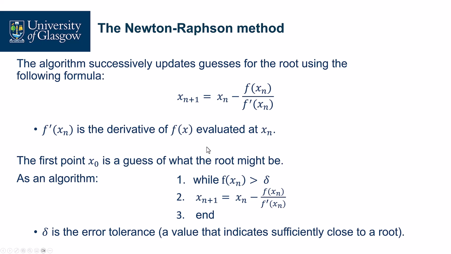This is our initial guess, right? Then we go to what? While f(xn) is larger than delta. This delta is an error tolerance. Maybe eventually the f(x) really cannot exactly equal 0. But if it's small enough, we also accept it to avoid a dead loop, right? And in the loop, we update the x value based on this formula. Then we end this while loop. We iteratively run until we get the answer, right?